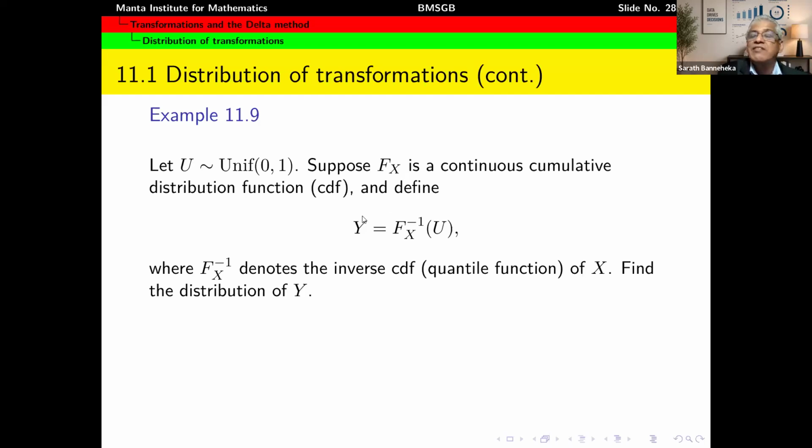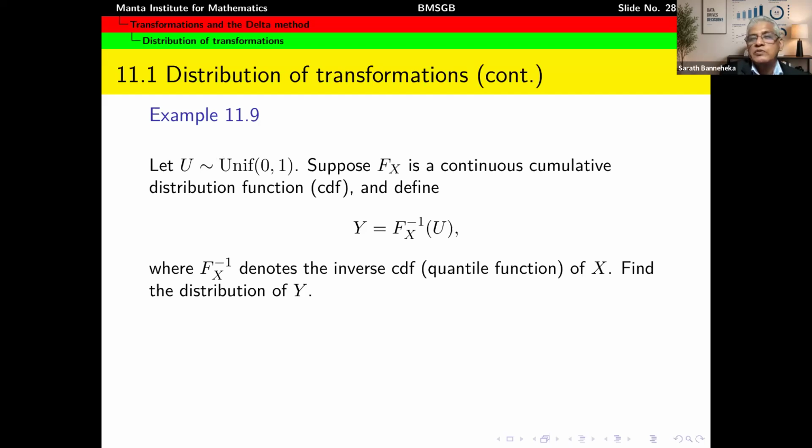So you'll have a set of y values transformed using Fx inverse evaluated at all the u values coming from the uniform distribution. Then the resulting values will have the same distribution as x. In other words, these y values will have the cumulative distribution function Fx. So that's like generating data from Fx, starting with uniform 0, 1 random numbers.